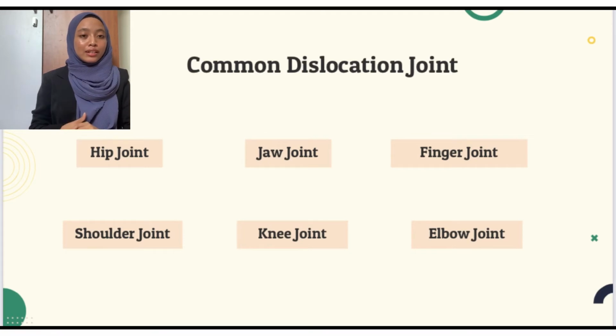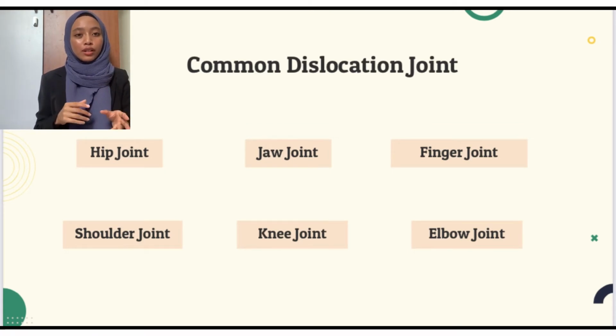Inflexible structures tend to dislocate more easily, such as fingers and also jaw. Ball and socket joints, where we can move in every direction, for example the shoulder and also hip. These two are similar. However, the shoulder tends to pull out more easily than the hip.